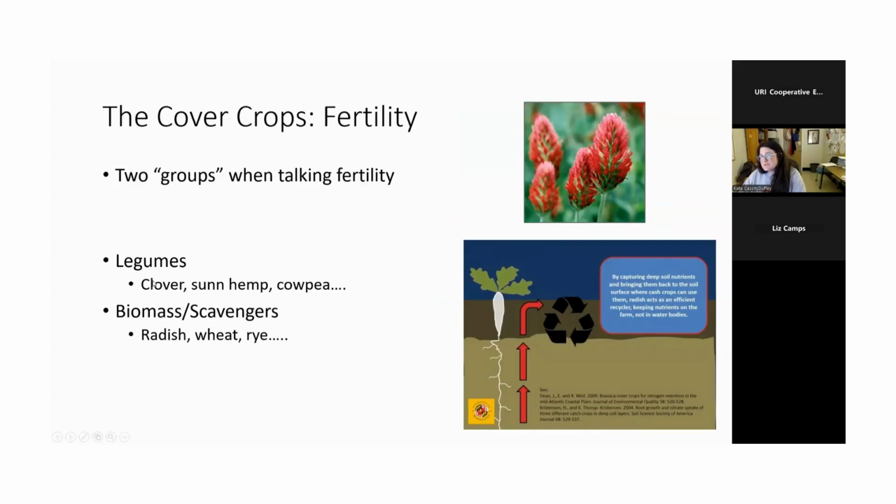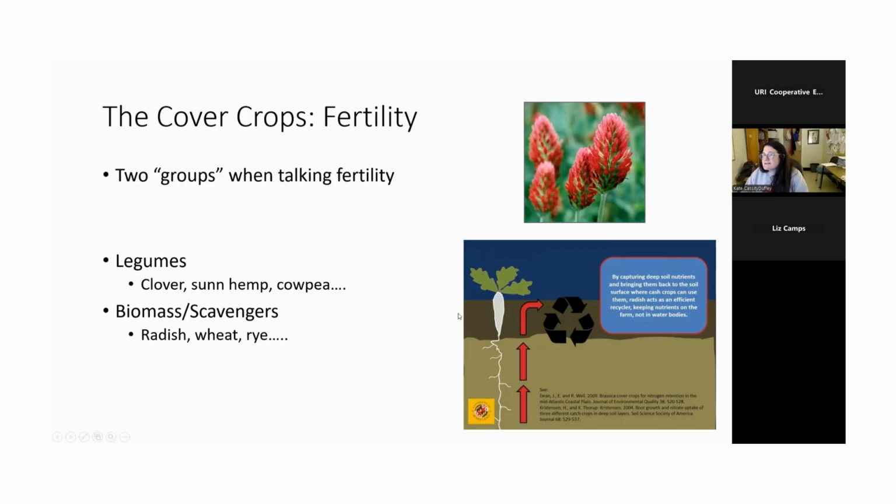There's legumes, which are things like clover, sun hemp, and cowpea. And then there's also our biomass crops, what I call scavengers. These are things like radish and wheat and rye. Legumes are actively fixing nitrogen in the soil, right? They create a relationship with bacteria in the soil and fix and add nitrogen to our soil.